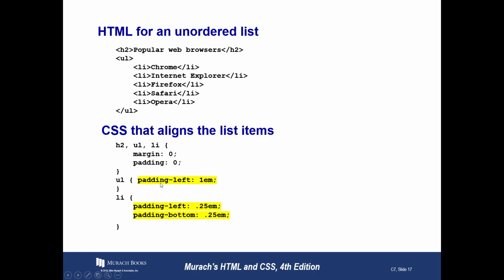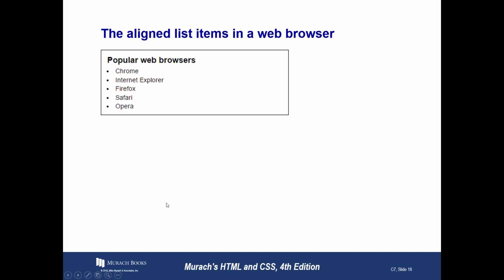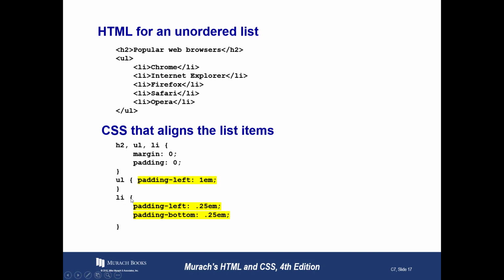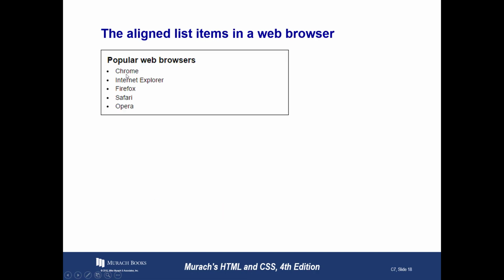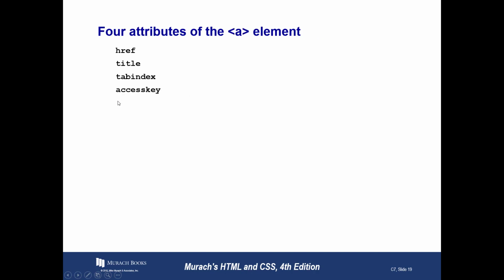Then for the unordered list, we're padding it to the left 1 em, where an em is equal to 16 pixels. For the LIs, we're padding them to the left 0.25 em, so 4 pixels, and adding 4 pixels of bottom padding. So you can see what happens here. If you don't do that, especially with the LIs, they get pushed right to the edge. Doesn't typically look the way that you'd want it to look.